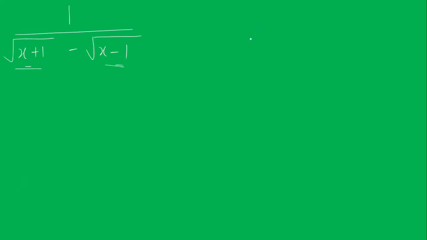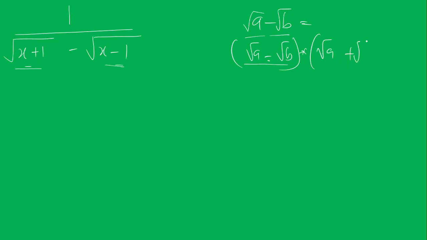Now, let's say the denominator is root a minus root b. These are irrational numbers. For me to make this rational, I will multiply it by its conjugate. The conjugate of this expression is to change the sign to plus root b.